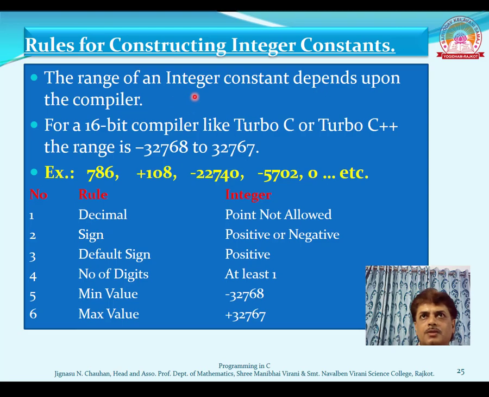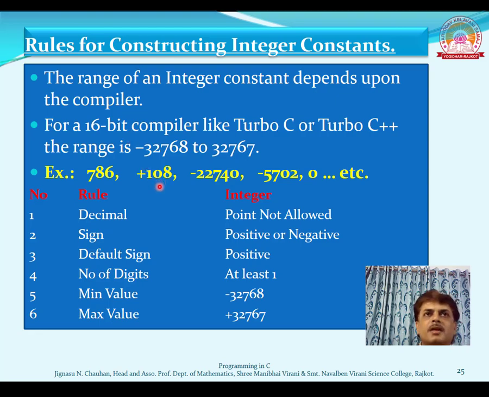The range of integer constant depends on the compiler. It means if you have a 16-bit compiler like Turbo C or Turbo C++, the range is -32768 to 32767. For a 32-bit computer or 64-bit computer, it might be a different range.